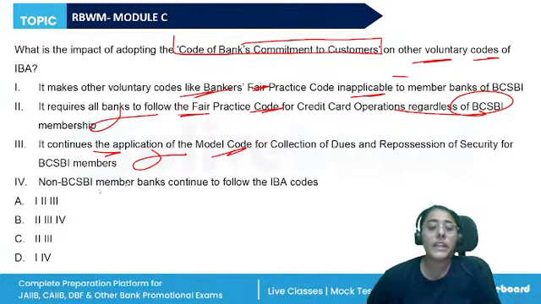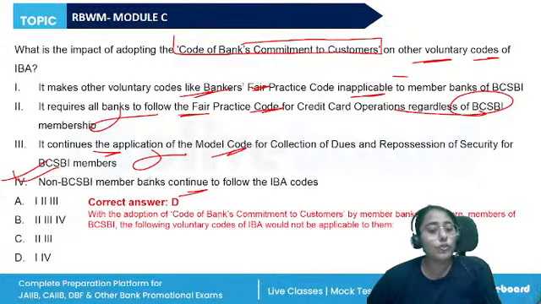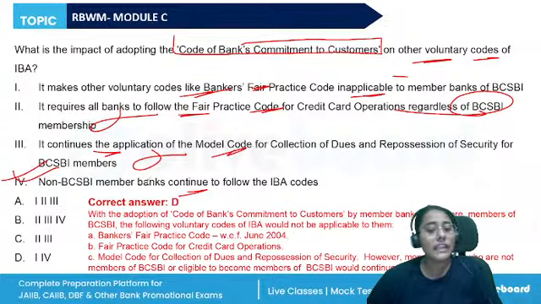Again, not true. Non BCSBI members, they continue to follow the IBA codes. Yes. Those banks who do not become a member, they will continue to follow the codes which have been set out by our IBA. Okay, so this is the impact.